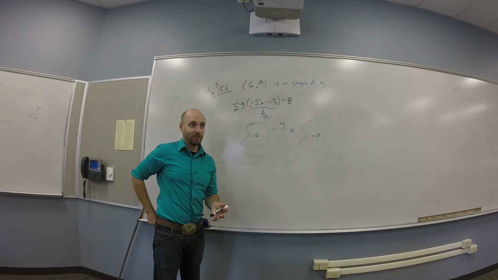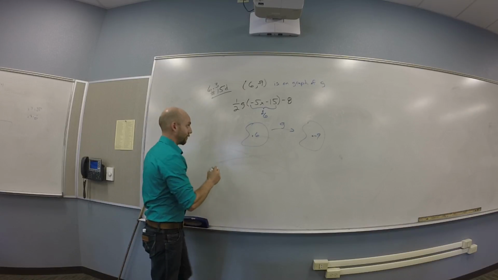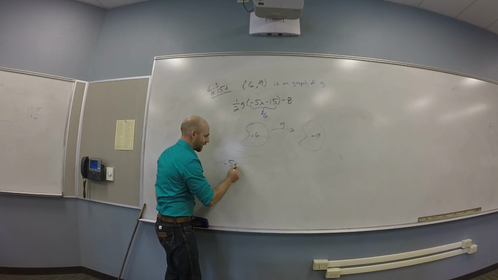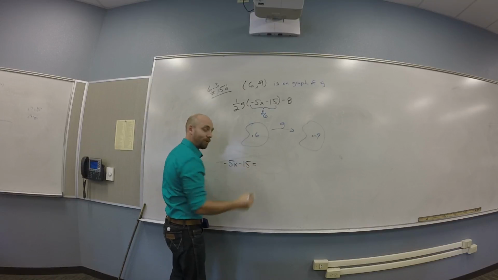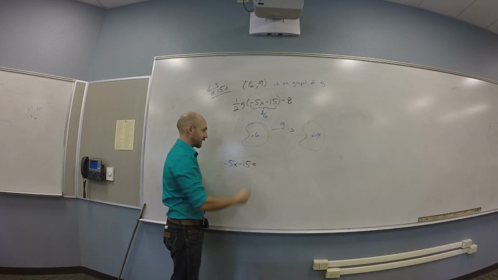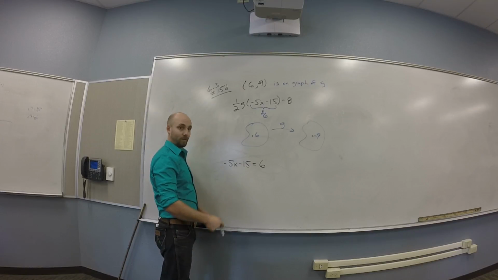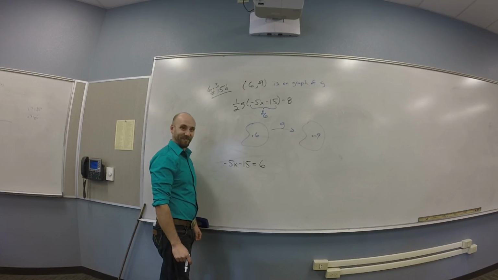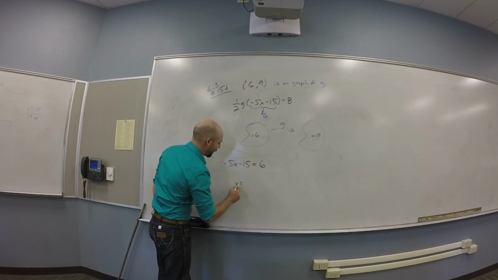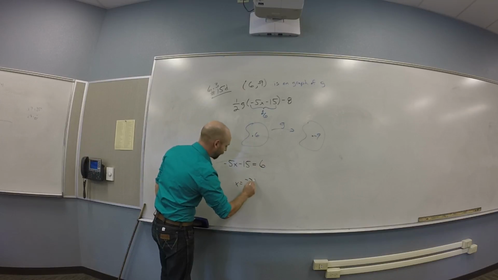So you have to wonder to yourself, when is negative 5x minus 15 equal to 6? When it's negative 21 over 5. Okay, x is negative 21 over 5, I think.